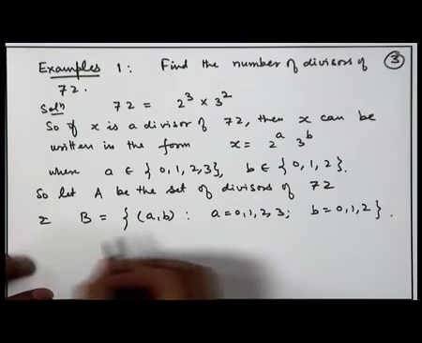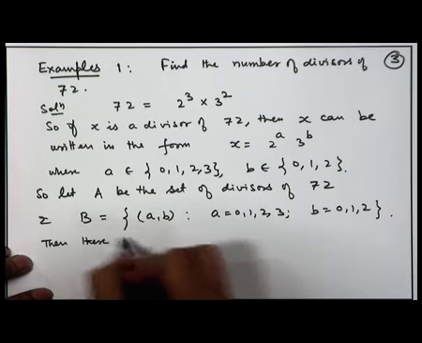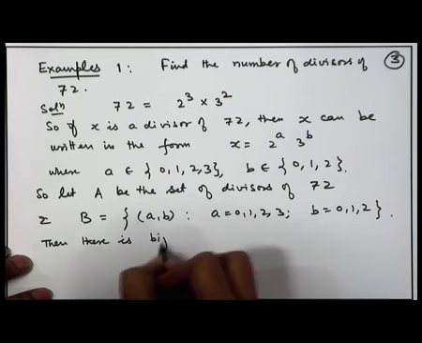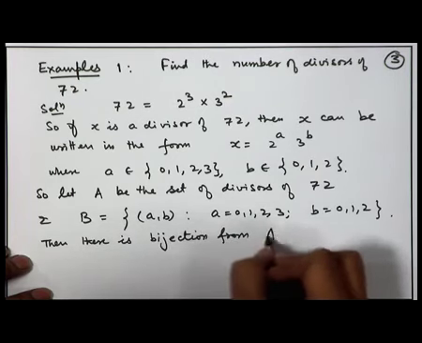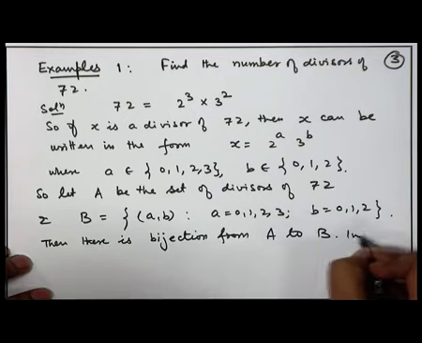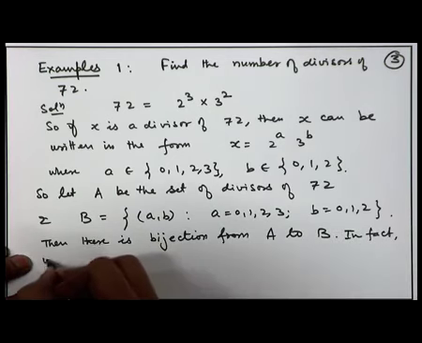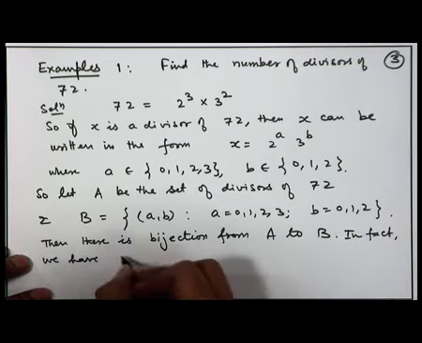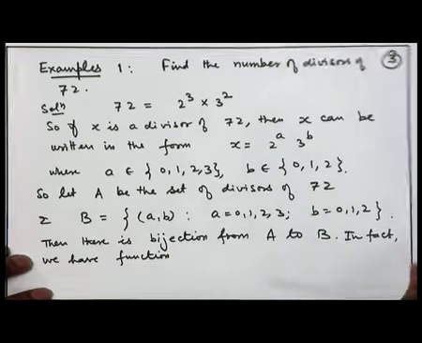Then naturally, you can see that there is a bijection from A to B. In fact, we can display this full thing. In fact, we have a function, you can write like this.